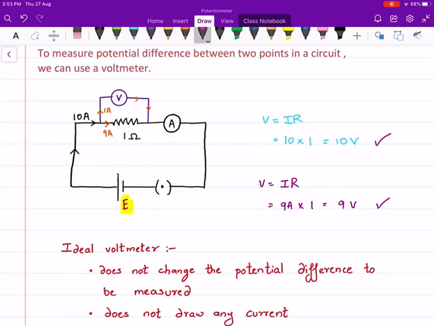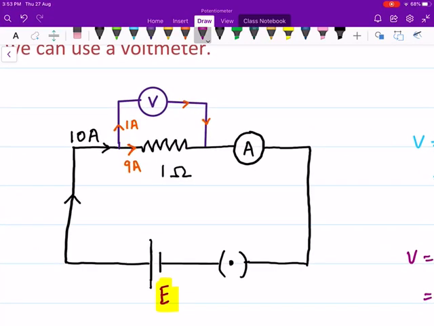Okay, so what can be done about this? To decrease the amount of current flowing through the voltmeter, I can increase the resistance of this voltmeter so that little current flows through it. Okay, but some current will definitely be flowing through this voltmeter.